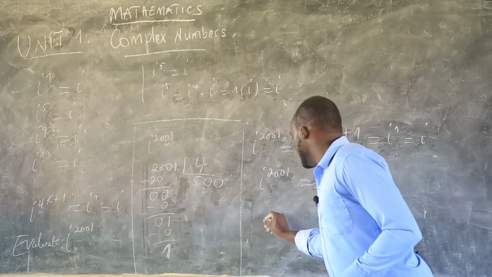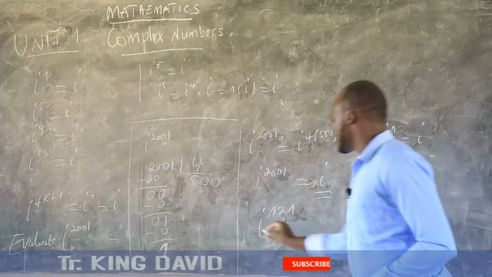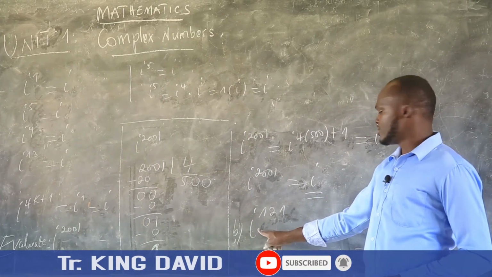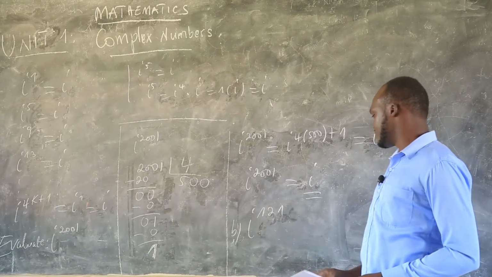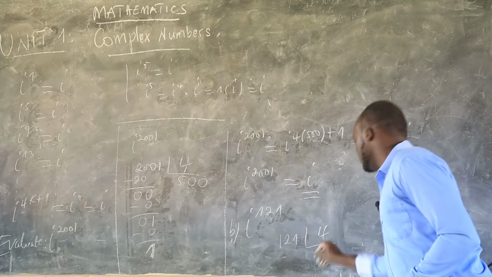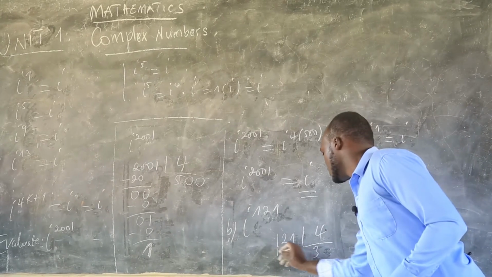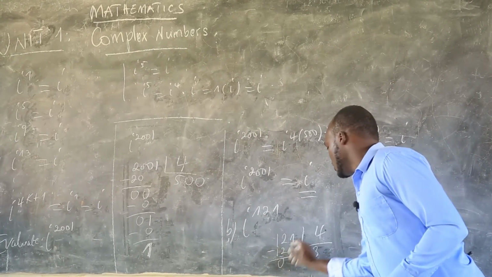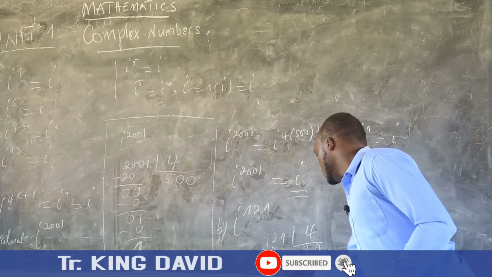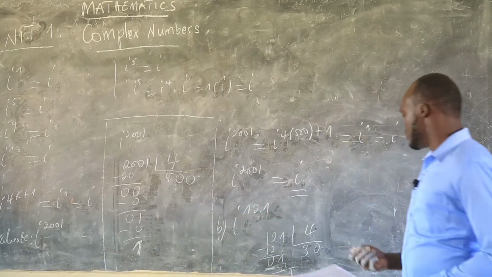Another example, i^121. So let me take this one as B. Evaluate i^121. So I'm going to get 121 divided by 4. So I put here 3. 3 times 4, that's 12. I put here 0. The remainder is 1.